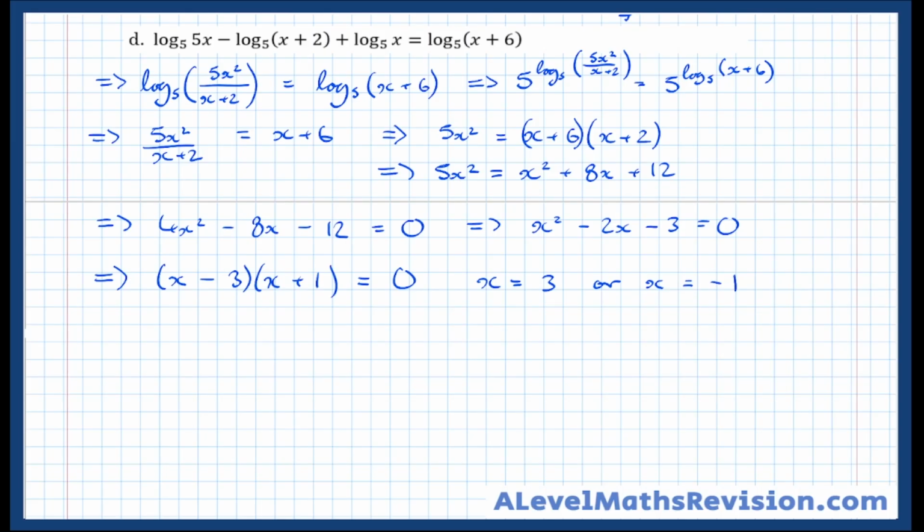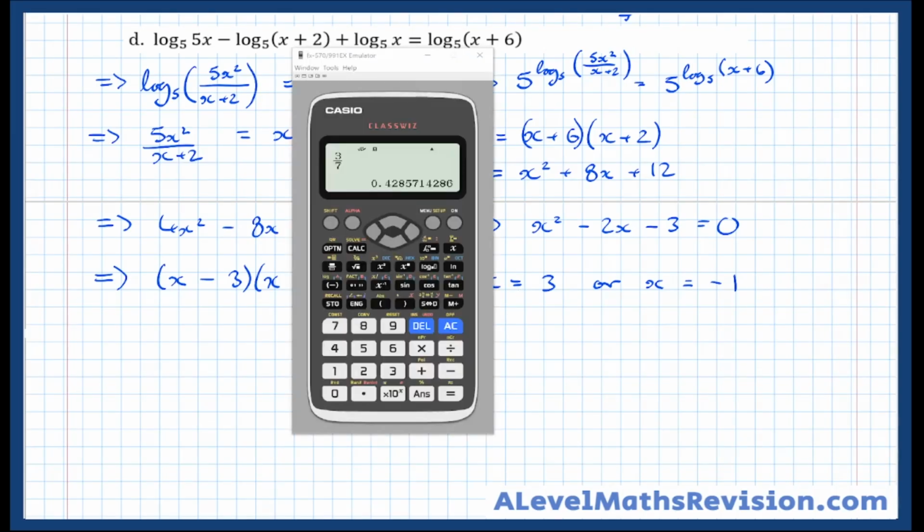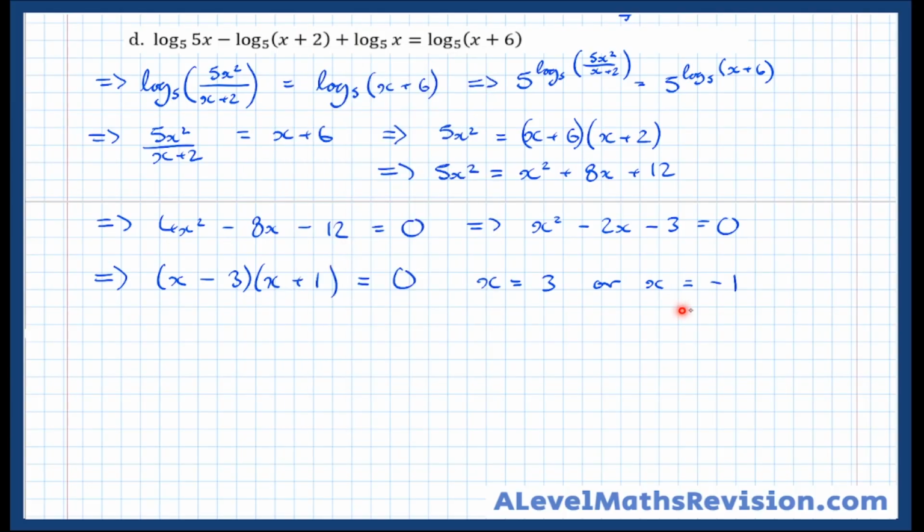But there's a problem here. What we should always do is check the answers in the context of the original question. They must solve the original equation. So if I try to sub in x equals minus 1 into this original equation, this term will break it. We can't log negative numbers, so x equals minus 1 won't sub into this particular term here, nor that one for that matter.